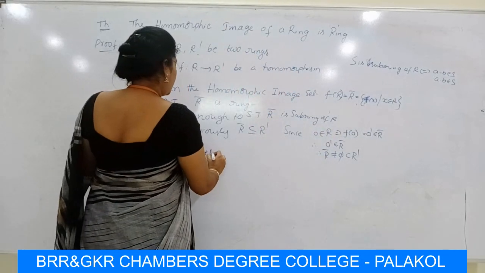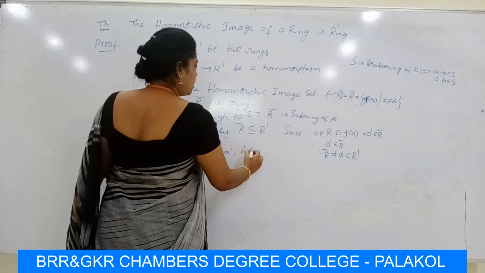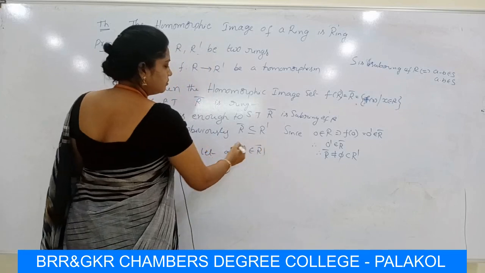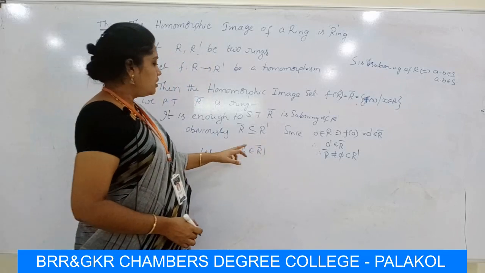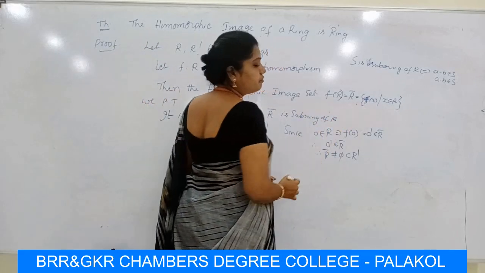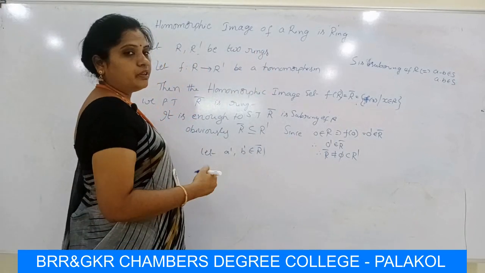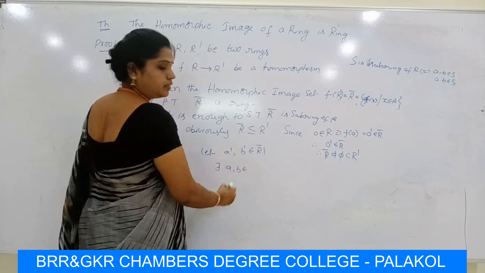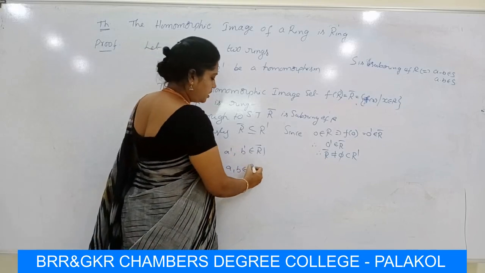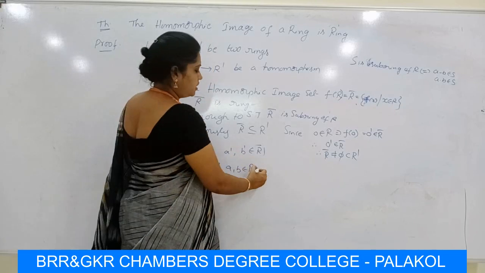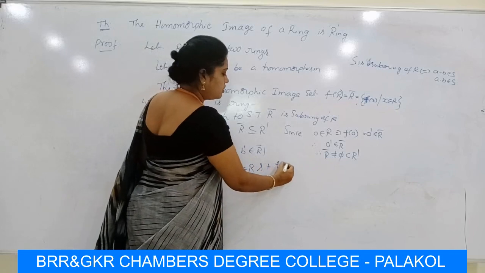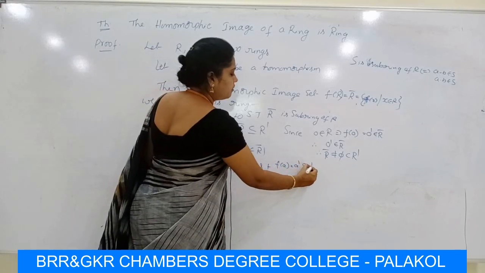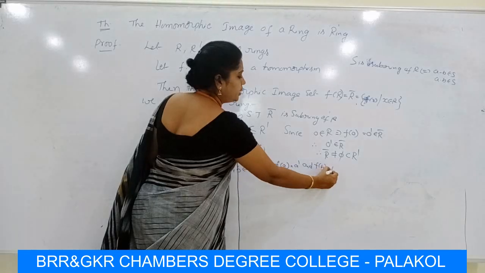Let us take any two elements in R bar. Here the element of R bar is of the form f images, f of x. So there exist a, b belonging to R such that f of a is equal to a dash and f of b is equal to b dash.